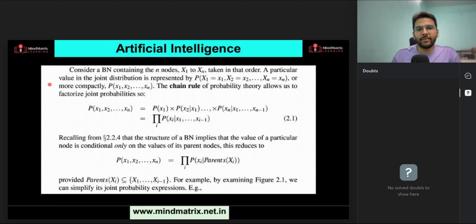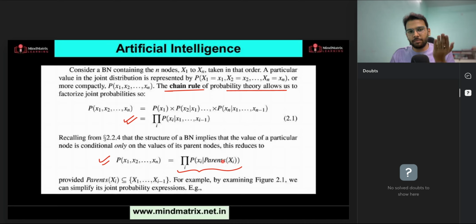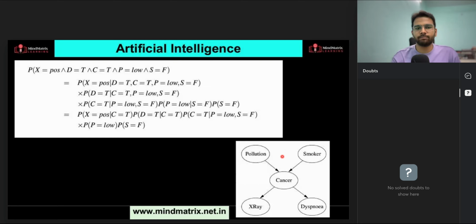So here also they have mentioned the same thing, that we are using the chain rule of probability and we are writing this, and then multiplication of probability of x given parents of xi. That means if parent is existing, then you can say child is conditionally dependent on parent, right? If parent is not there, then you can simply write the probability of that particular node, the probability of random variable having certain value.